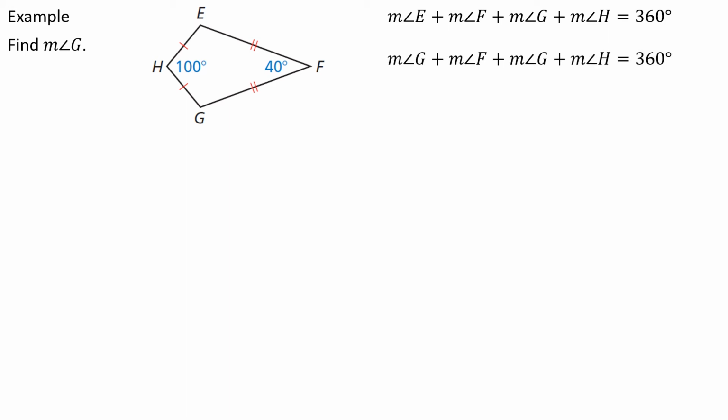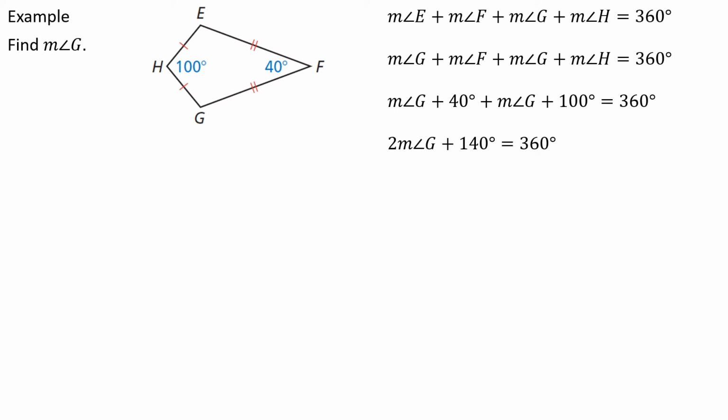And notice that I was able to substitute angle G for angle E. And of course, I can now substitute the value of 40 degrees for the measure of angle F. I can substitute 100 degrees for the measure of angle H. Combining like terms, I have two of those measure of angle G's.